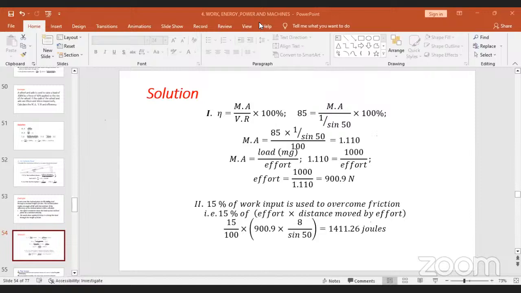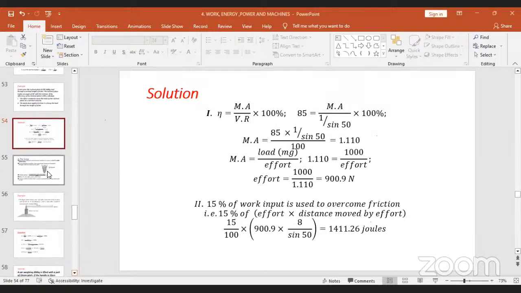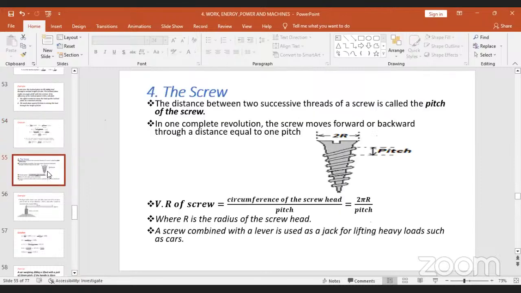I think the deduction of the efficiency from 100%, the energy lost by friction, is supposed to be so. Yes, I can see those who have written it down, I agree with what you have written. And then we move on fast, because I wanted you to do another topic today. That is the next hour. We move on to the screw as another machine.